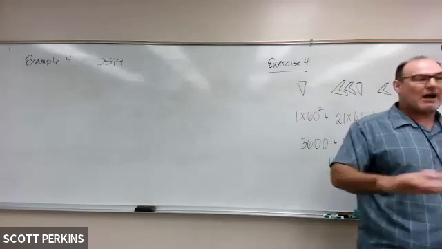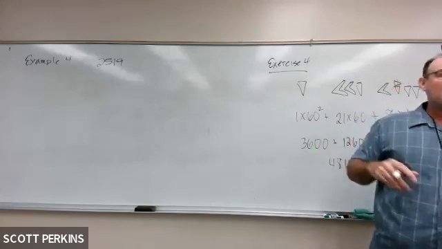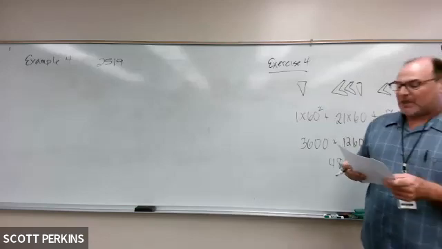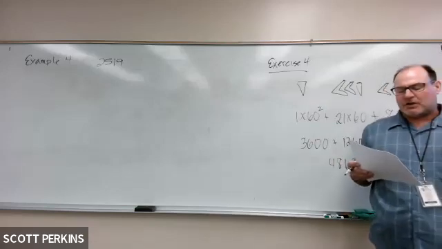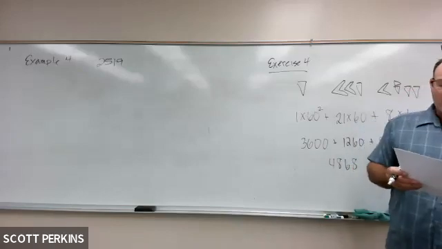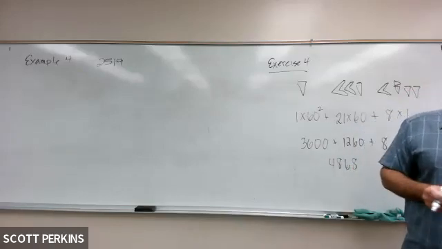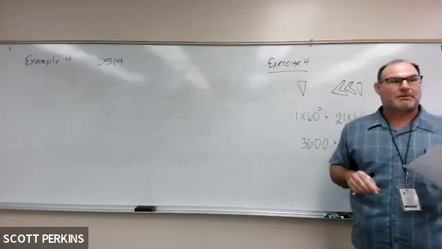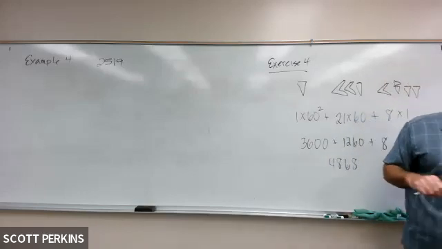These processes are not going to change. Once you catch on to them today, it's going to be the same thing. What we're going to do to convert base 10 to another base, we are going to regroup using the new place values. So the word for the blank is we're going to regroup.